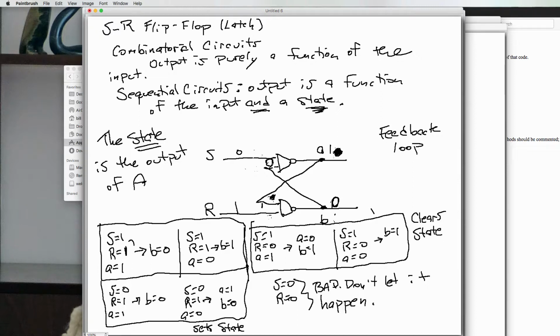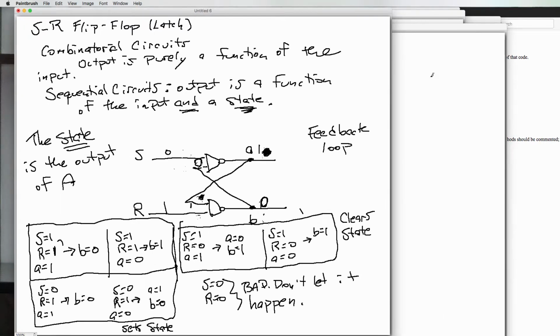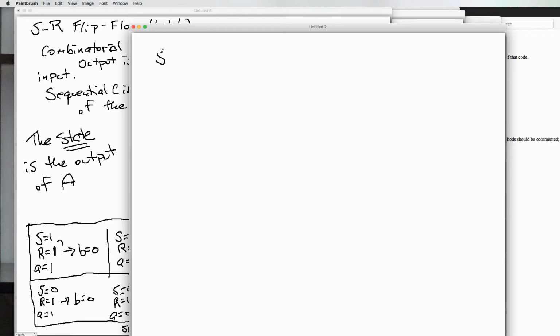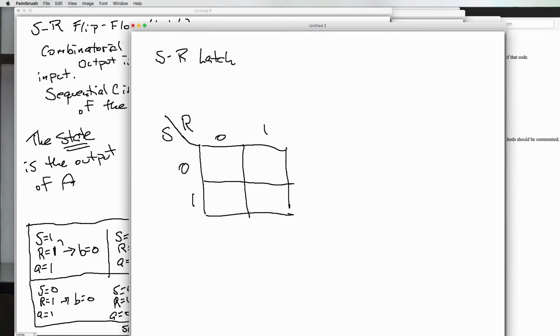So basically, we can make the following little table about the SR latch. Okay, so let's summarize this.